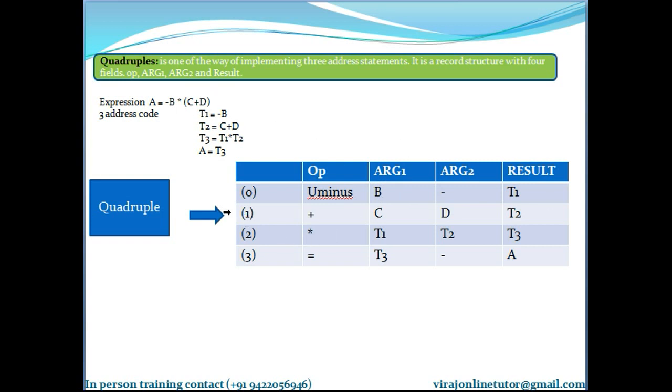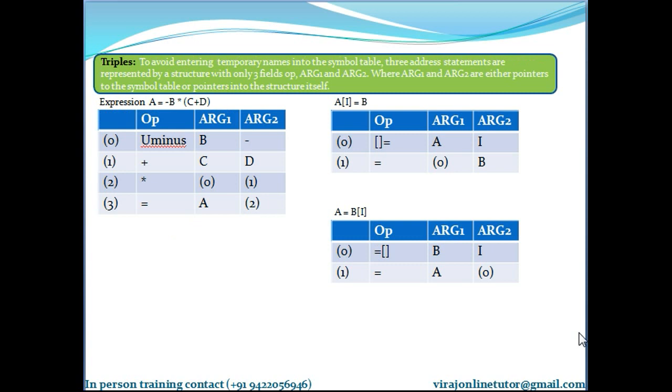For the next statement, plus is the operator, C is argument 1, D is argument 2, and the result is T2. For the next statement, the operator is asterisk, T1 is argument 1, T2 is argument 2, result is T3. And for the assignment statement, T3 is argument 1, result is A. Simple. So this is how to write a quadruple.